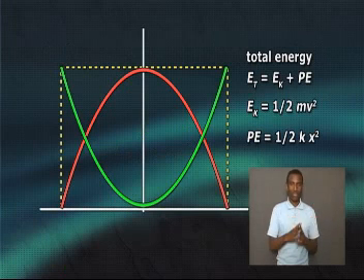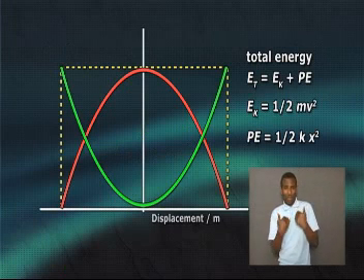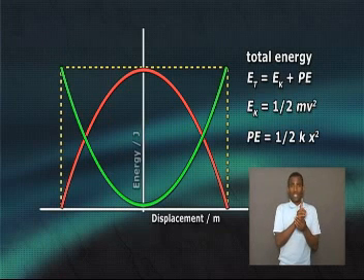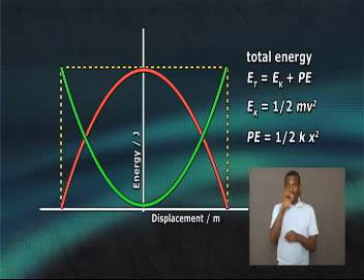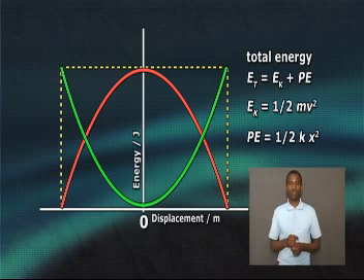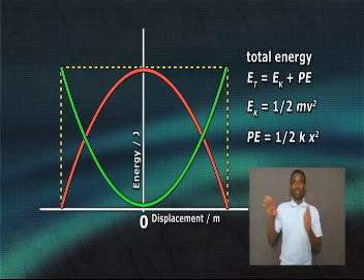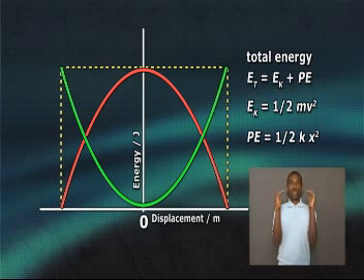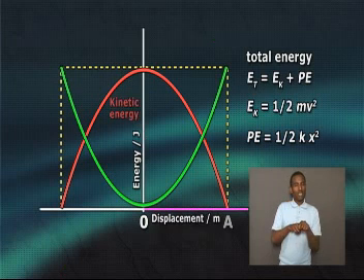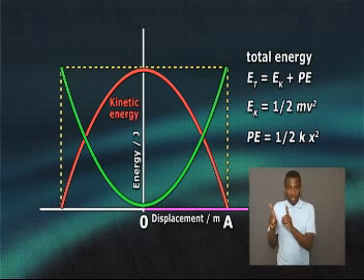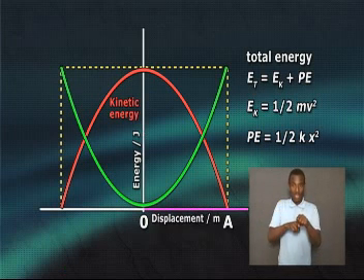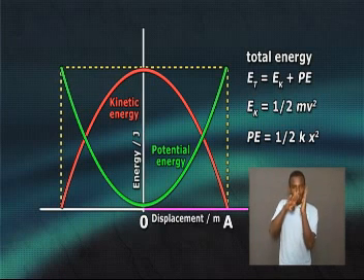Students, here we see a graph of displacement and energy. The line at 0 represents the equilibrium position. As the displacement increases, the kinetic energy drops, but the potential energy increases.